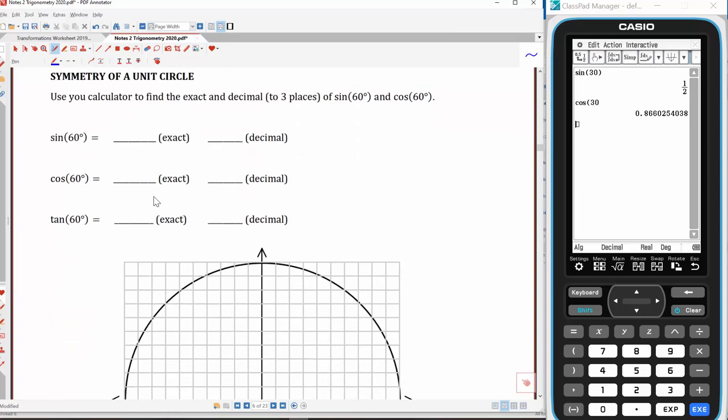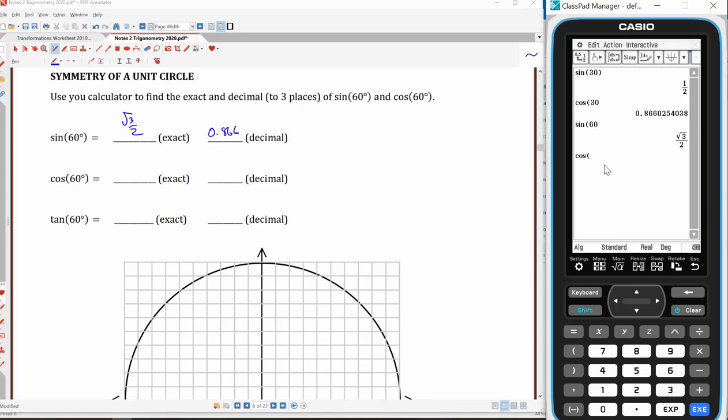All right, so there's heaps and heaps of symmetry in the unit circle. What we're going to do now is operate on symmetrical properties where the angle is 60 degrees. So what we want to do is get the sine of 60 degrees. So shift 1 and 60. The exact value, that's 0.866 as a decimal, and that was root 3 on 2 as the exact answer.